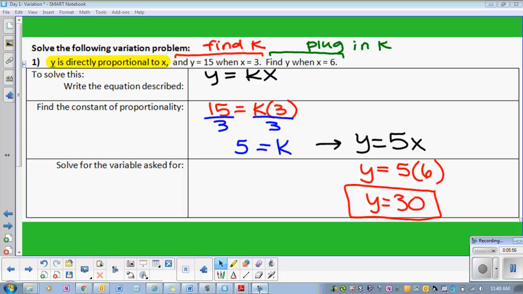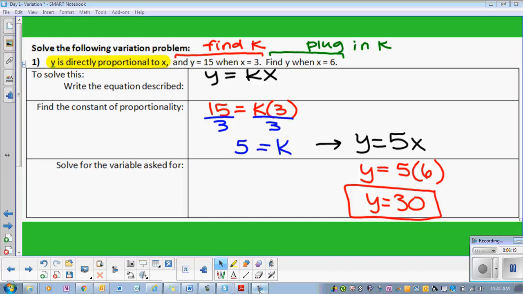Say a cop pulls you over because you're supposed to be going 35 but you were going 45. If I drive more miles over the speed limit, then isn't my fine going to go up? That's a direct variation relationship.